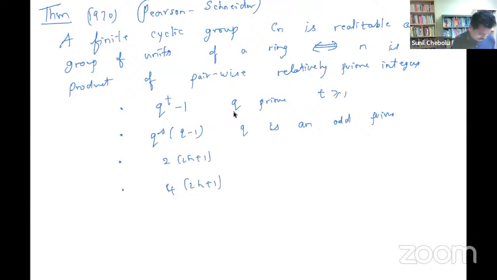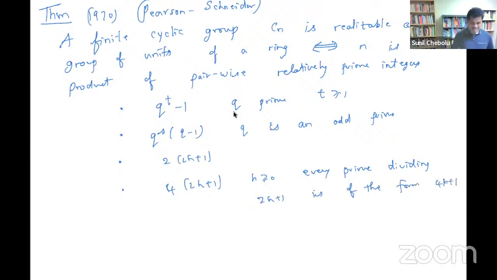So that's a technical condition. H is greater than 0, and every prime dividing 2h plus 1 is of the form 4k plus 1. Anyway, so these are some number theoretic restrictions.